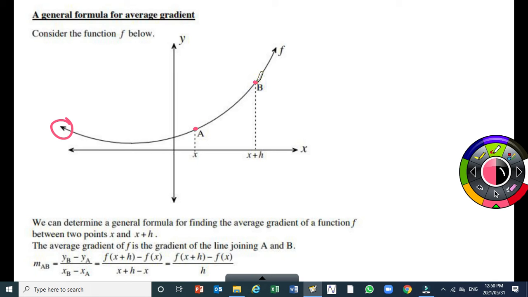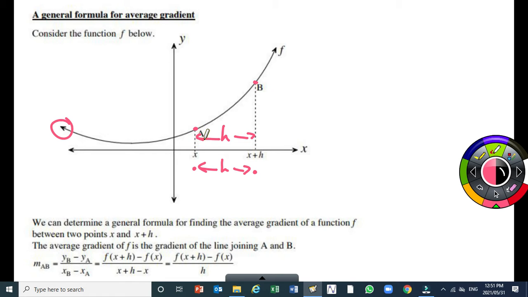At point B, the value of x there, we can call it x plus h, whereby the distance between A and B along the x-axis, this distance here, we can call it h. So the distance between the x value at A and the x value at B, we can call that distance h.